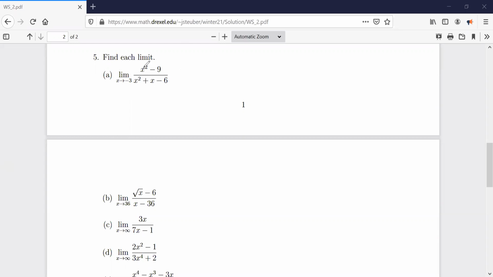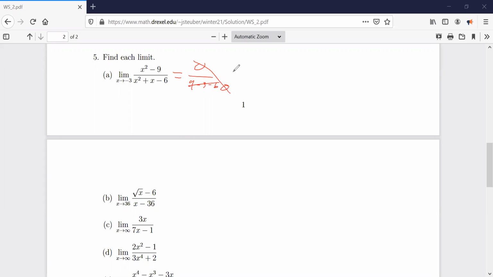It's going to be continuous almost everywhere, and if it's continuous, then the limit is equal to the value that we get. But if we do that, we get 0 over, 9 minus 3 minus 6 is 0. 0 over 0 is undefined.